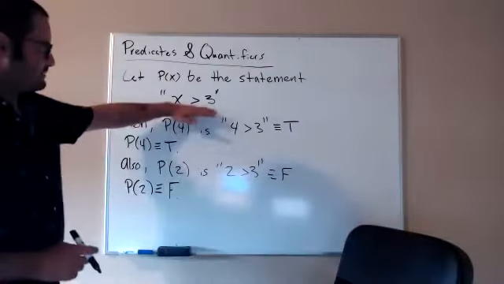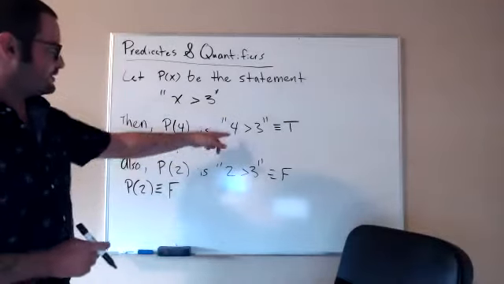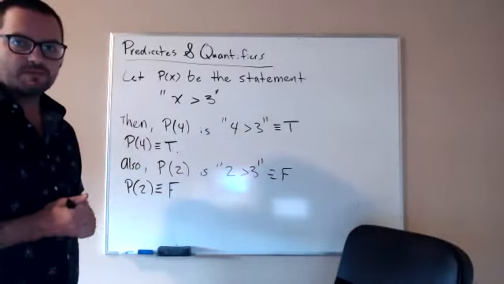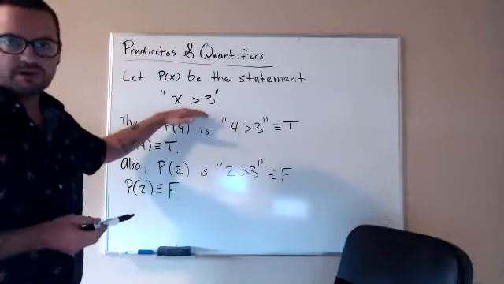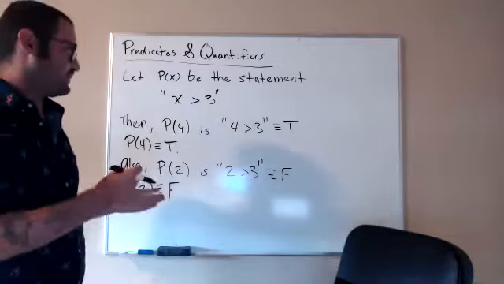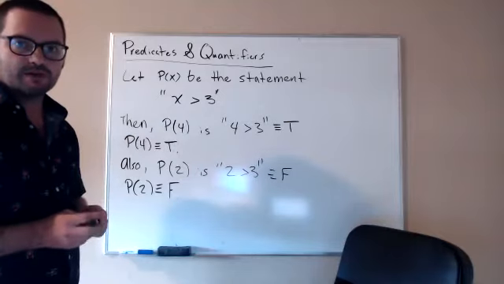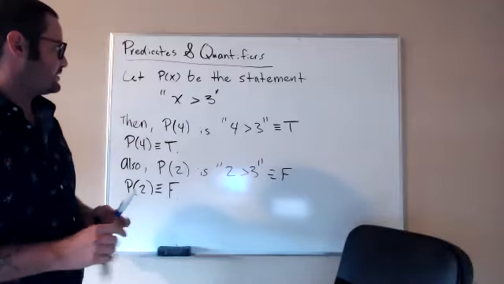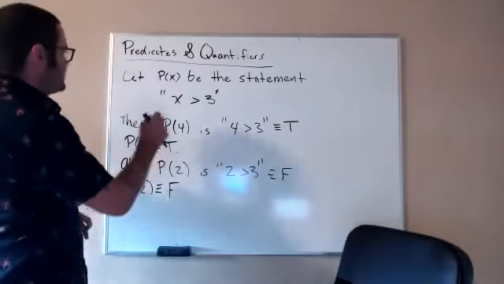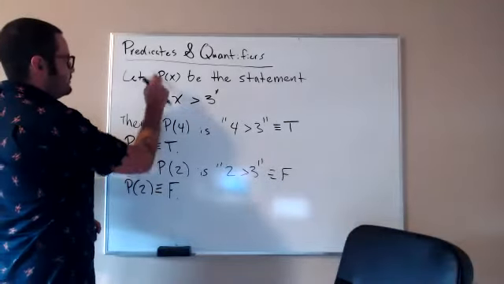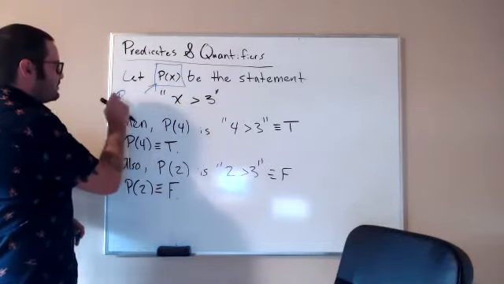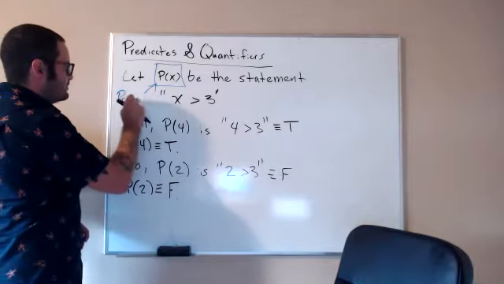So this statement, before you plug in a value for x, is a predicate. This becomes a proposition once you place in a value for x. Now, if P of x denotes x greater than 3, this can be thought of as a propositional function.